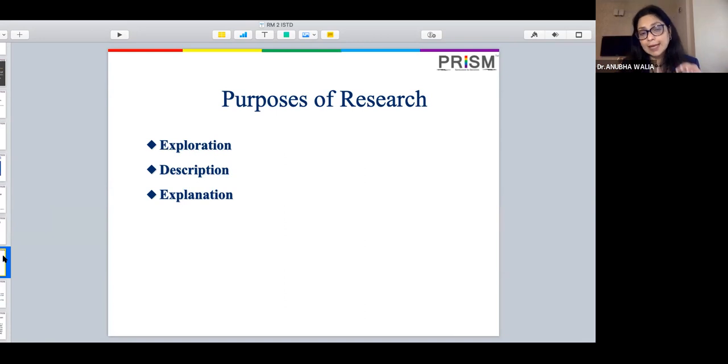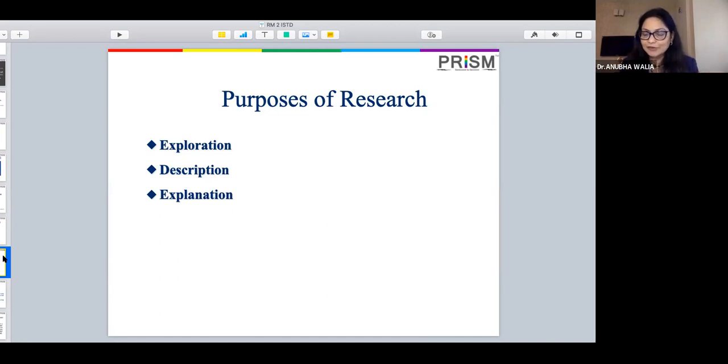The third is explanation. Explanatory research is also referred to as causal research. In this you will determine how variables interact. Today we will be talking about what exactly a variable is. It is basically to identify the cause and effect relationship, and you remember in the first class we did talk about the cause and effect relationship.